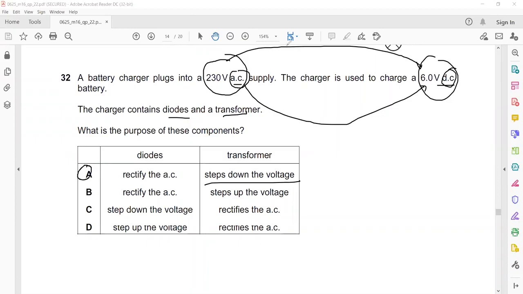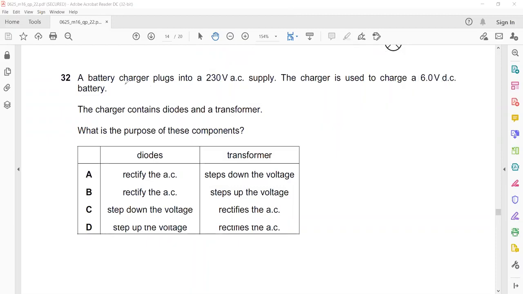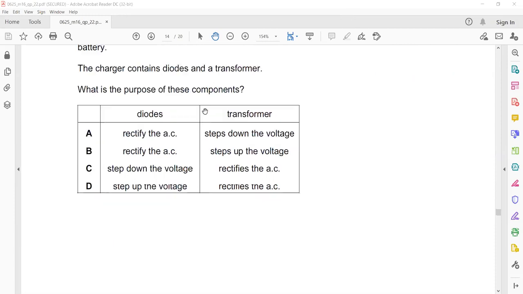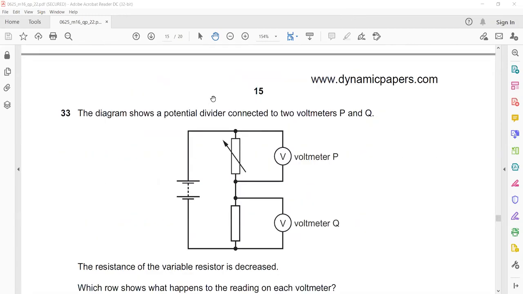It's a step down transformer. Why step down? Because the battery charger is plugged into a 230 volt AC supply, but the charger is used to charge only a 6 volt DC battery. So input is 230 and output is only 6. That's why it is a step down. And converting AC to DC is rectification.